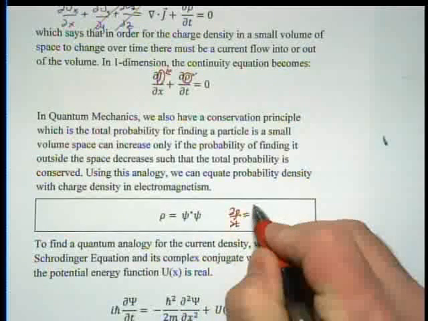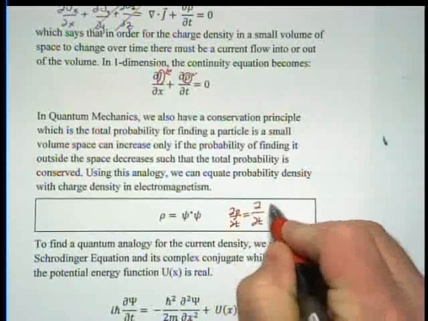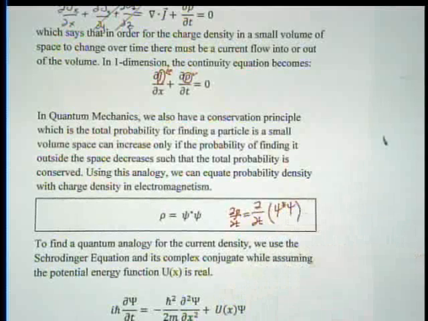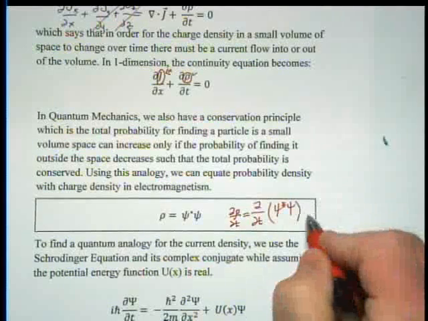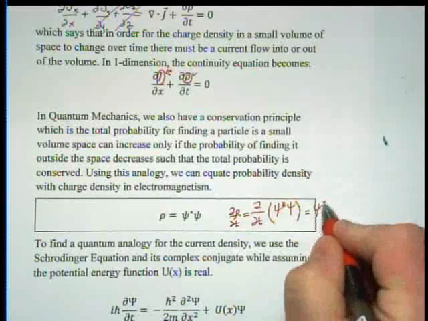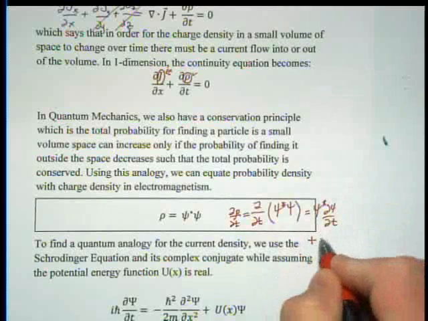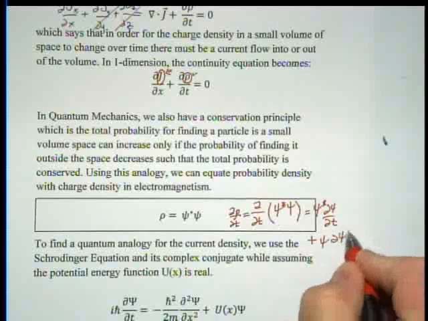Since I want to take a derivative of this thing, if I try to take the derivative with respect to time of psi star psi, that's going to be psi star d psi dt, and then I'm going to have a psi d psi star dt.